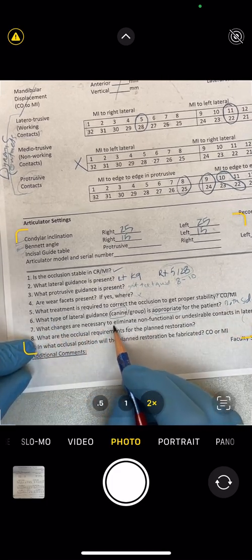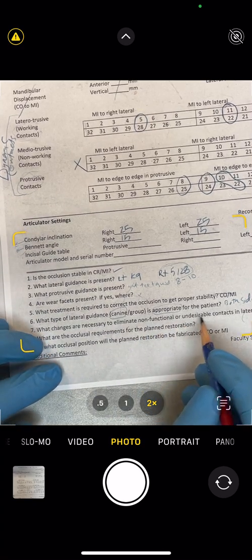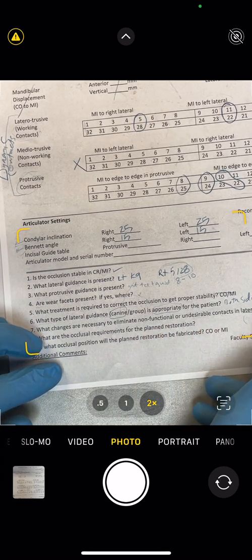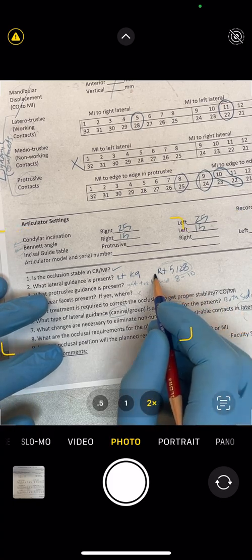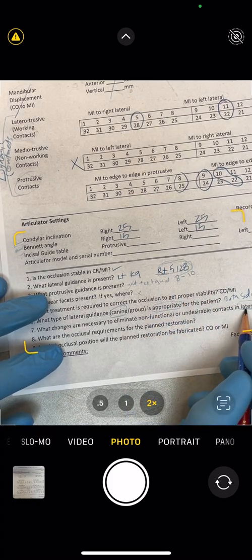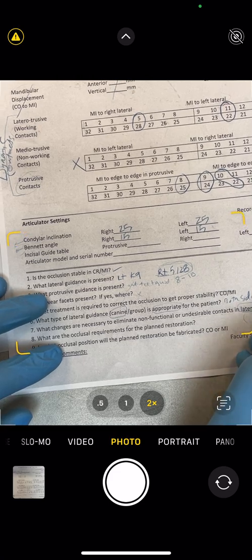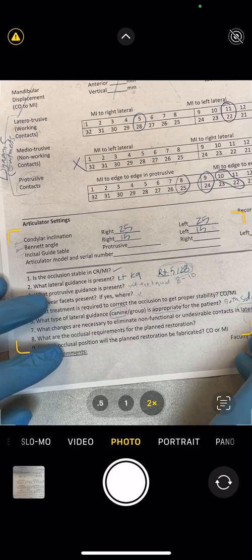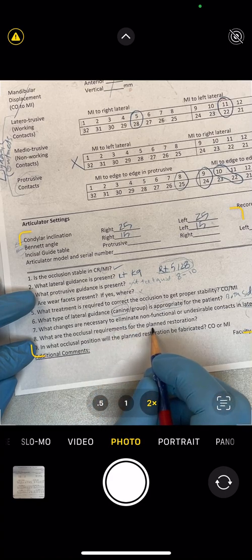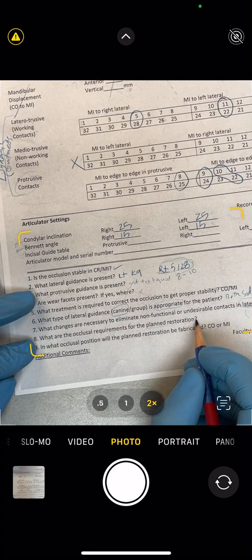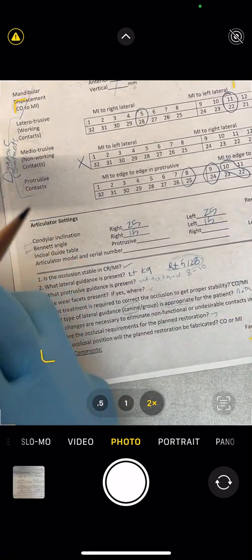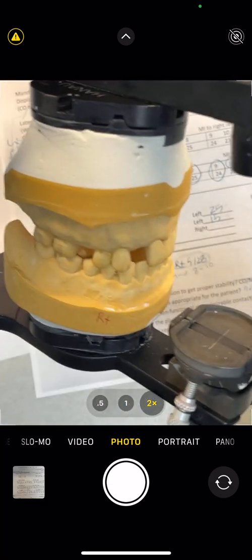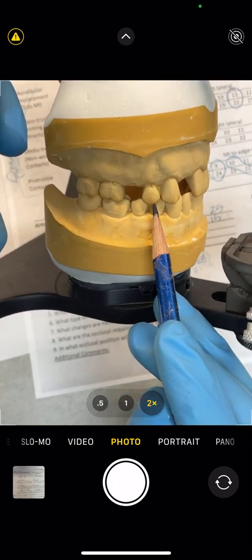What changes are necessary to eliminate non-functional contacts in lateral or protrusive movement? We didn't have any problem with the protrusive movement, but with the lateral movement on the patient right side, we have a problem. How are we going to fix that? Selective grinding, and we will show you how to do it. What are the occlusal requirements for the planned restoration? We are planning to have a 3-unit fixed partial denture here.